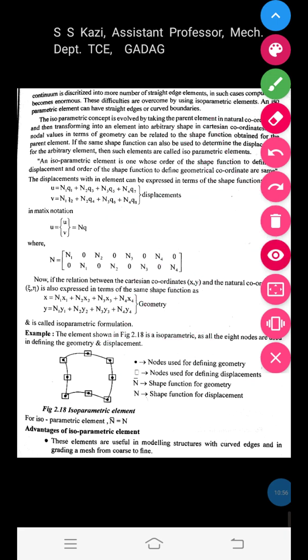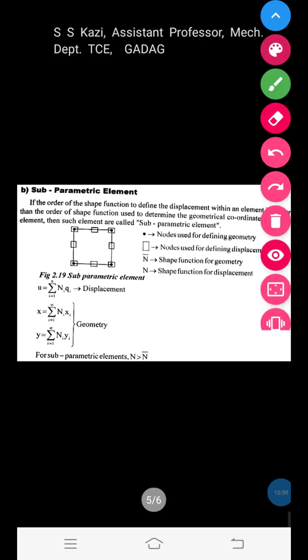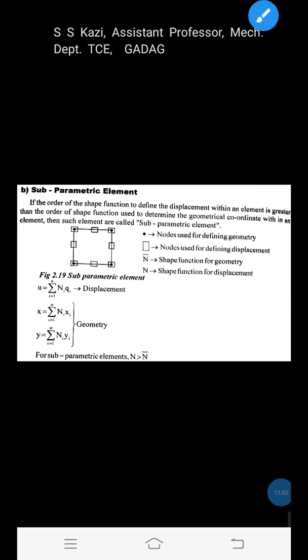Now we will move on to the subparametric element. In a subparametric element, if the order of the shape function used to define the displacement within an element is greater than the order of the shape function used to define the geometry, that is n is greater than n bar, then it is called a subparametric element, where n is the shape function for displacement and n bar is the shape function for geometry.